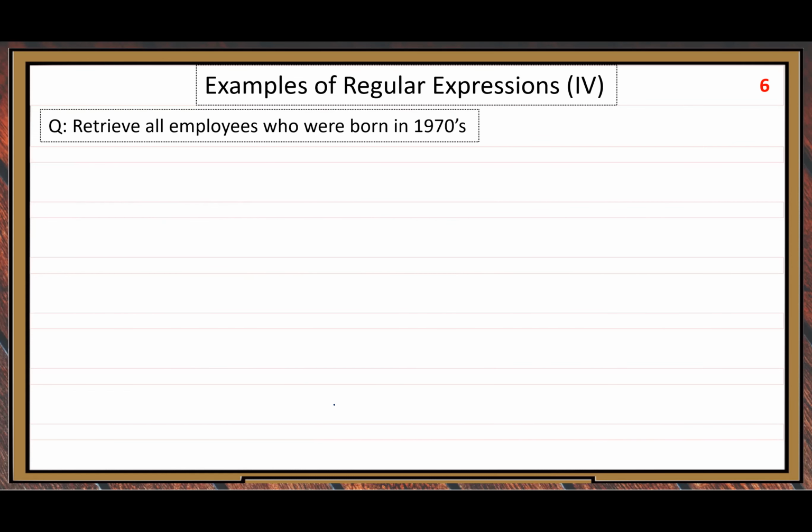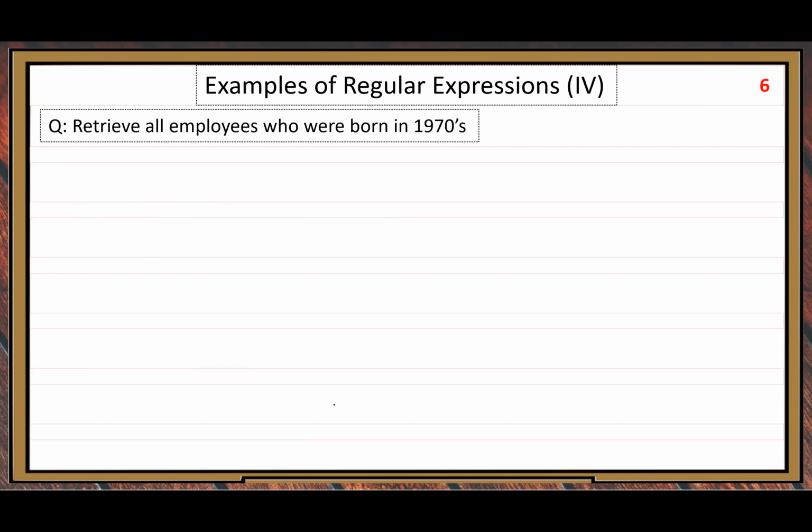Next example. Retrieve all employees who were born in the 1970s. Date of birth. You may have different ways. You can use a regular expression, and you can also use comparisons.